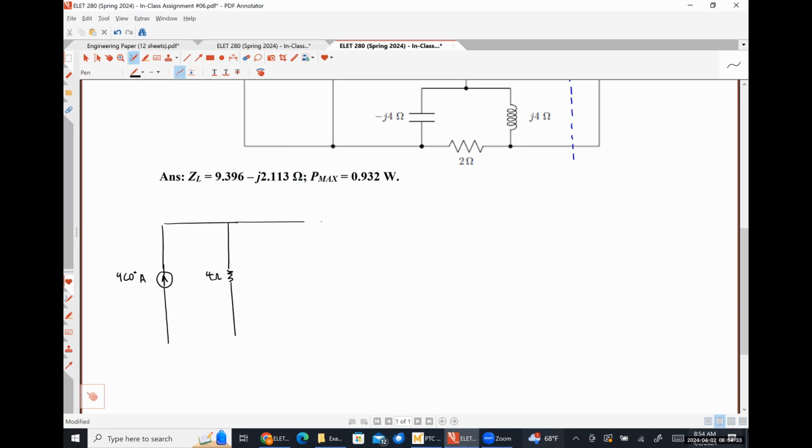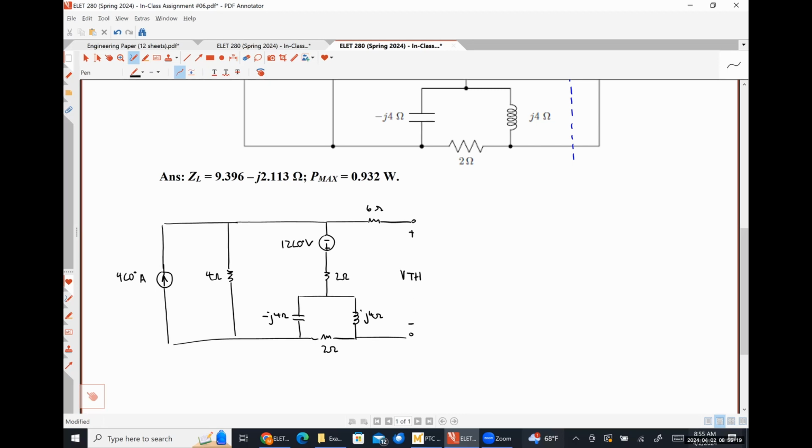Four ohms. ∠0 volts. 2 ohms. Here is our Thevenin voltage.